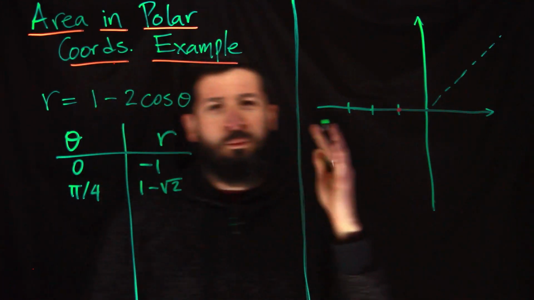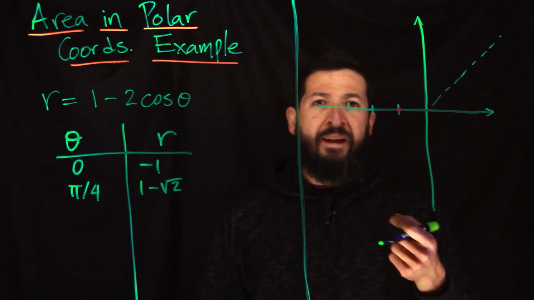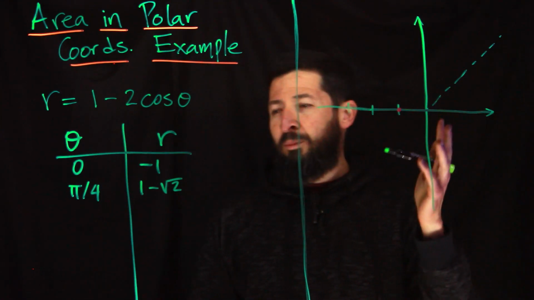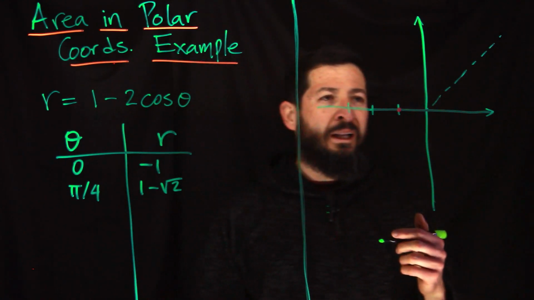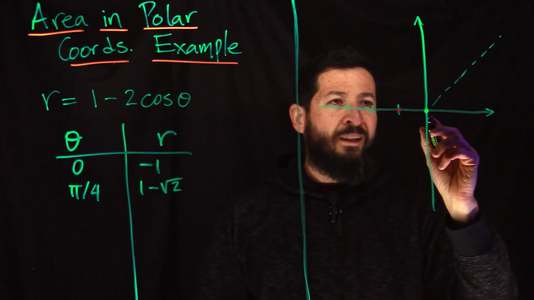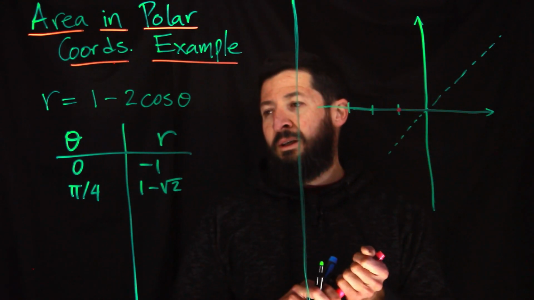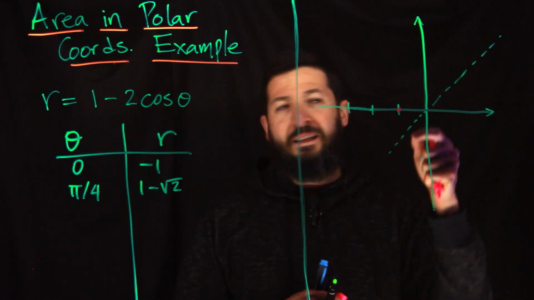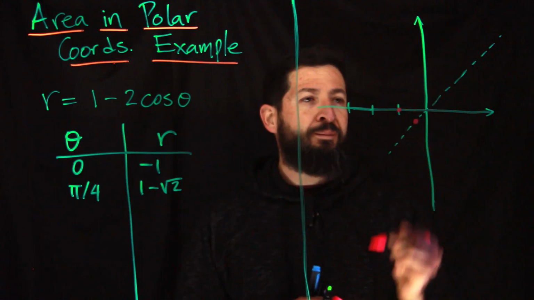Now the square root of 2 is 1.4 something. When I do 1 minus that, it's going to be negative 0.6, or 0.59 or something along those lines. It doesn't have to be exact, but let's graph something that is between 0 and 1 in the negative direction. So I'm going to be somewhere out here.